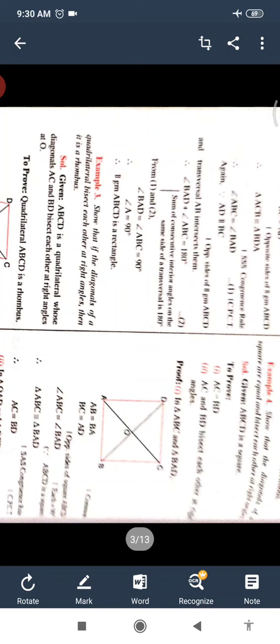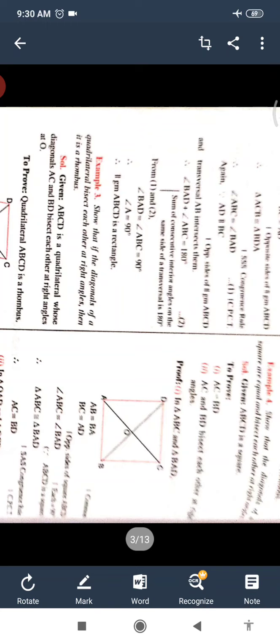In both triangles, AB equal to AB, this is common. Angle ABC equal to angle BAD. Why are these two angles equal? Both are right angles. BC equal to AD, opposite sides are equal in a square.